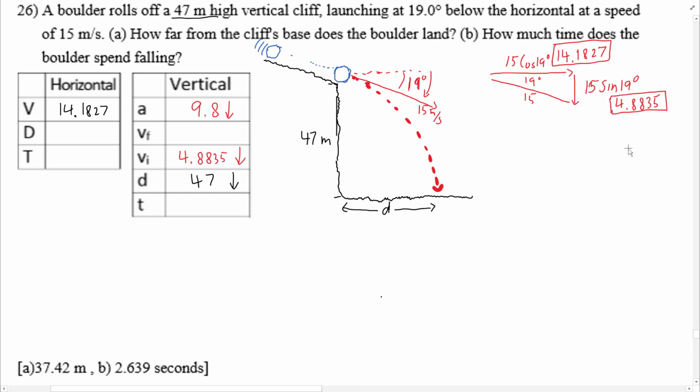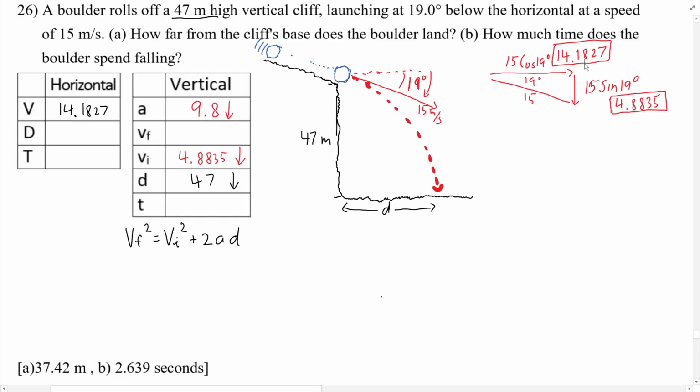So we can fill in the table. 9.8 is down. The 4.8835 is down. The 47 is down. So this is unique. This is the first projectile that I've done in the package here where they're all aligned already. That's pretty good. And the horizontal is 14.1827.